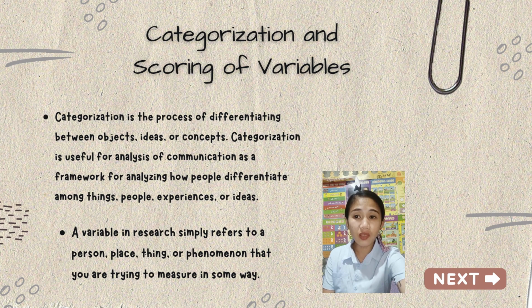A variable in research simply refers to a person, place, thing, or phenomenon that you are trying to measure in some way. The research is broadly classified in two main classes. The first one is the fundamental or basic research, and the second one is the applied research. Basic and applied researches are generally of two kinds, the normal research and the revolutionary research.